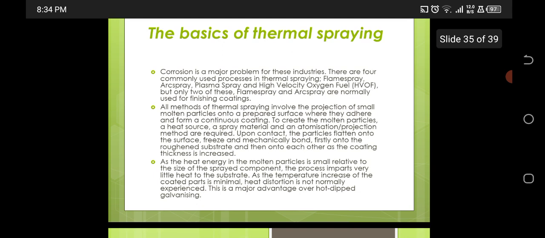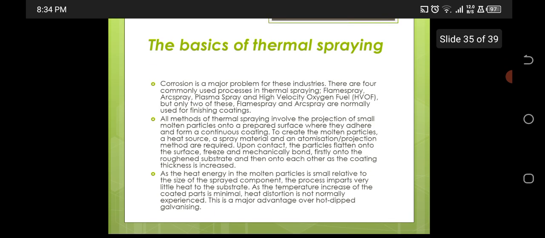The basic concept of heat in thermal spraying is that the heat energy in the molten particle is small, this is very important, I am repeating it again, the heat energy in the molten particles is small relative to the size of the sprayed component. Yes, the molten particle size is small relative to the sprayed component.